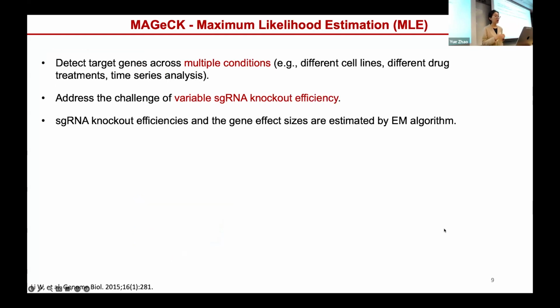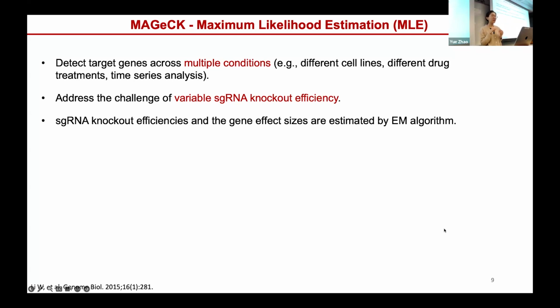And the second mode of MAGeCK is called MAGeCK MLE. So in the previous mode, the method can only be applied to comparing two conditions, and it didn't consider the guide RNA knockout efficiency.